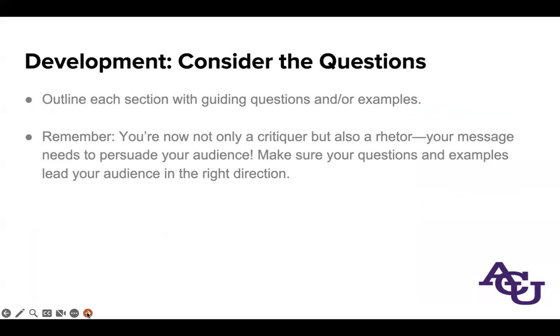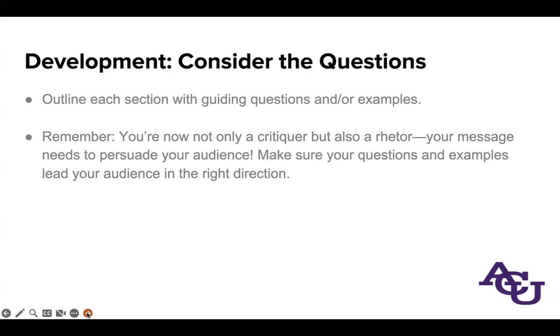So outline each section with guiding questions and/or examples. As Dr. Stillian Southard is walking us through her mind and her thinking, walk your reader through your mind and your thinking with guiding questions and examples. And then finally, I don't know how much more succinctly I can drill this in, but you're not only a critiquer.